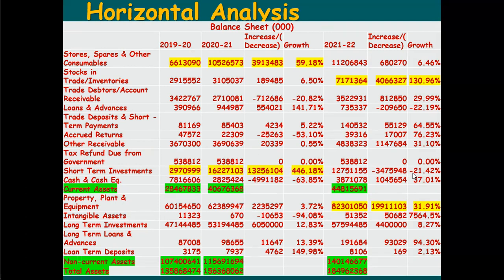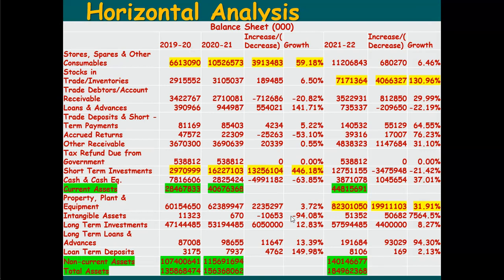Thereafter, there is a decrease of 21%. So you will have to find the reason for that. Why in the first 2 years the investment part increased and why it decreased in the second 2 years. In case of cash position, it seems to be normal overall.